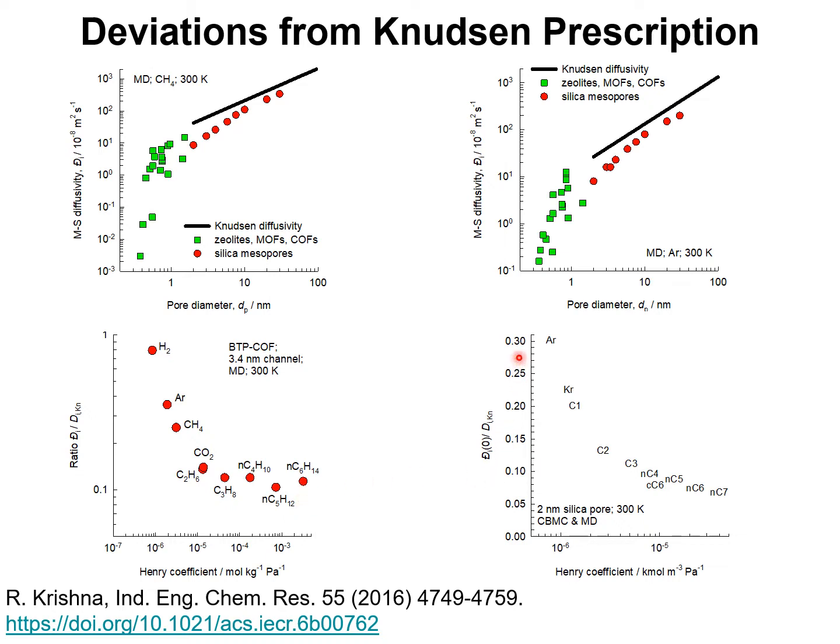The same is true for a 2 nanometer silica pore, where we see that the MD simulated values of the diffusivity reflecting molecule-wall collisions deviate from the Knudsen formula to a greater extent with increased Henry coefficient.